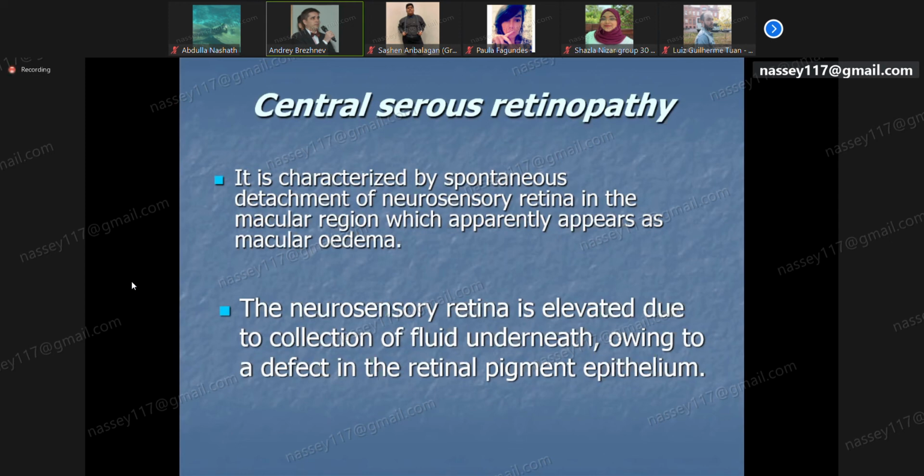Etiology isn't known exactly. It typically affects males between 20 to 40 years. The neurosensory retina is elevated due to collection of fluid underneath, owing to a defect in the retinal pigment epithelium.